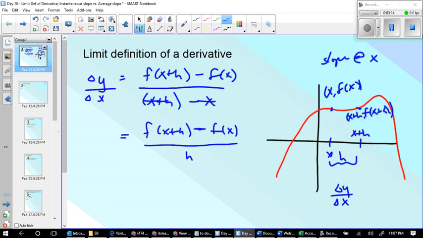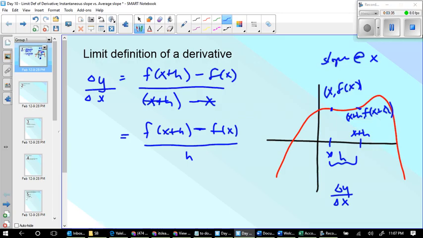Ideally, what's the spacing that I would want between these points? I would want a spacing of 0 because I want them to be so close that it defines the slope at that specific location. What have we used to define the space between these points? We've used the letter h. So ideally, I want h to approach 0.